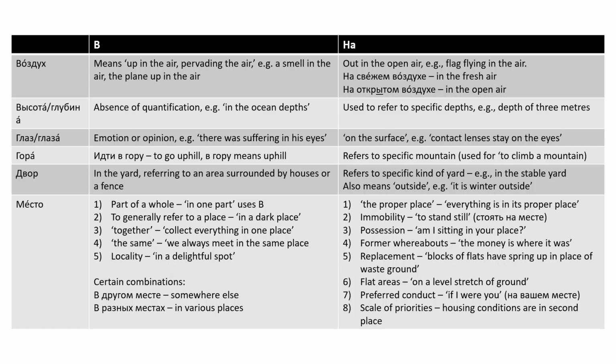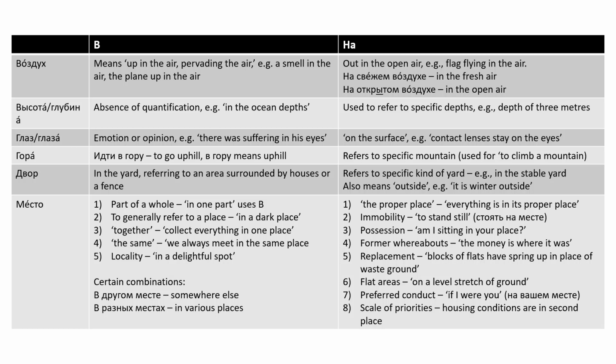Okay, now dvor. So dvor is kind of a thing that we don't really have, at least in England. So in Russia, there are these buildings that will often be in kind of a square shape. And then in the middle of the buildings, there's an open space with kind of grass, or it can have different things, but it's basically referred to as a yard, a dvor. And when you use v with dvor, v dvore, or v dvorakh, then that is referring to that kind of yard, specifically that Russian kind of yard.